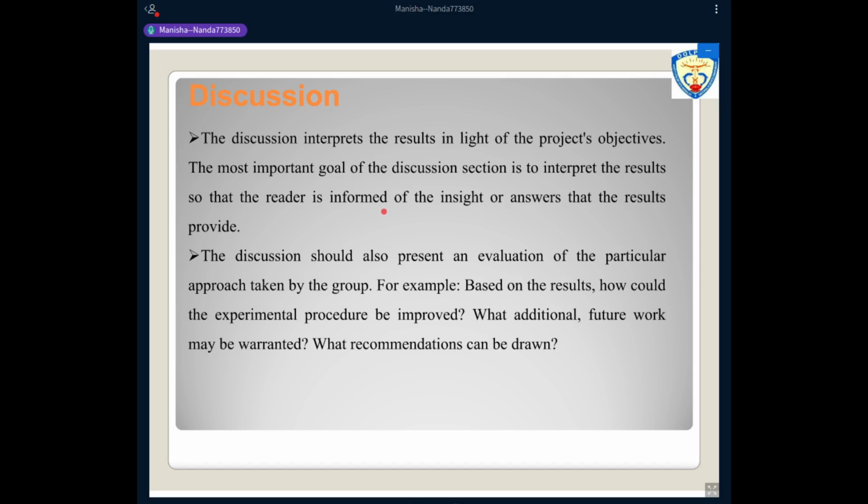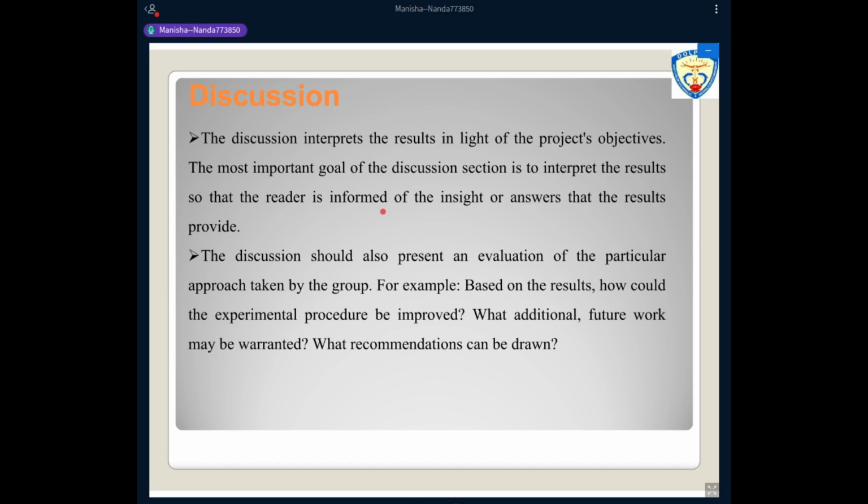One result can have multiple aspects where it can be discussed, but while discussing your result you should keep in mind what was the major objective that was achieved through this experiment that was included in your research. So you should always discuss those results in that particular aspect. You should not lose track of that.